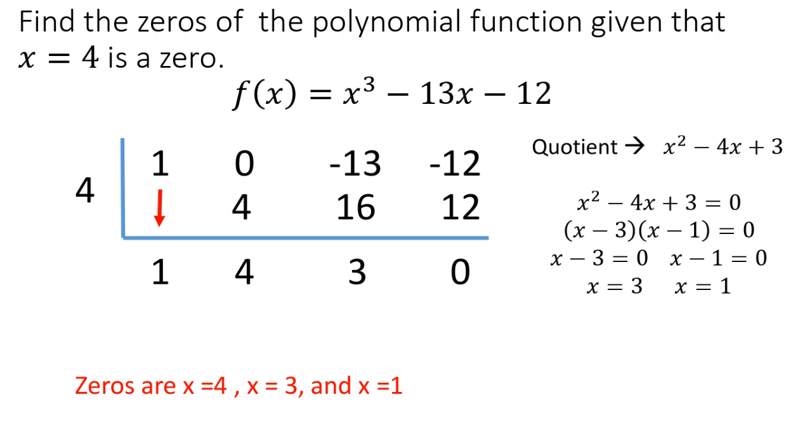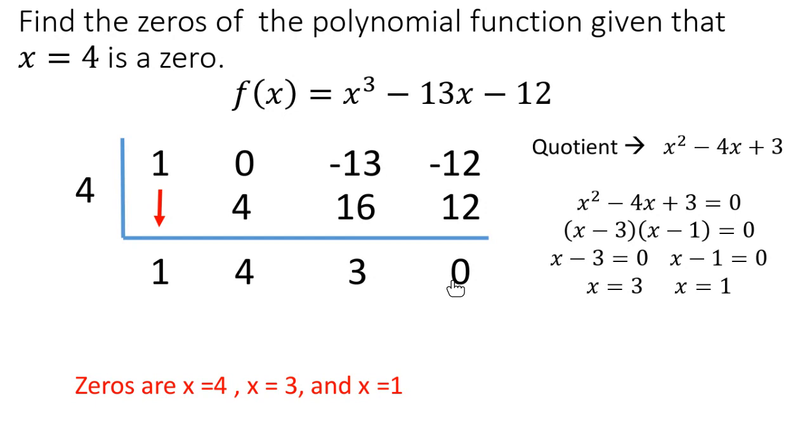This one is from the previous examples. Let me just go over it really quick. It says find the zeros of the polynomial function given that x is equal to 4. So they tell me that 4 is a zero. That means that that's going to be my k. And then I write my coefficients here. I use 0 because it's missing the x squared term. I did the work, and then I got a 0 here.